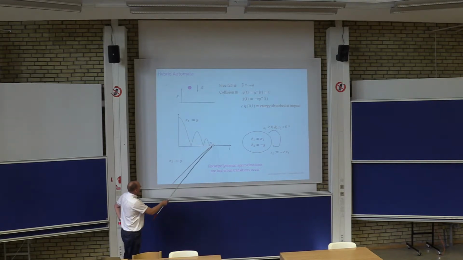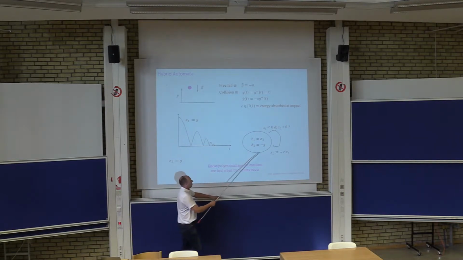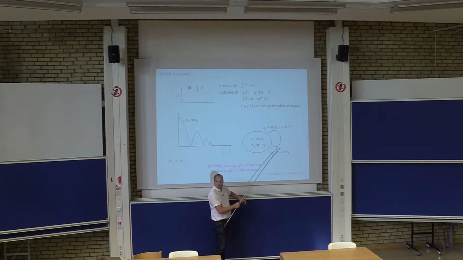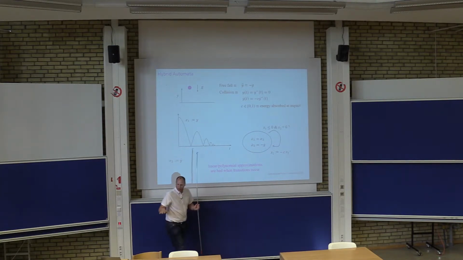As I mentioned, there are basically two problems. One has to do with the Zeno behavior. If you make an ideal model, which this is, basically the bounce doesn't take any time. So it means that the bounces will become closer and closer to each other.